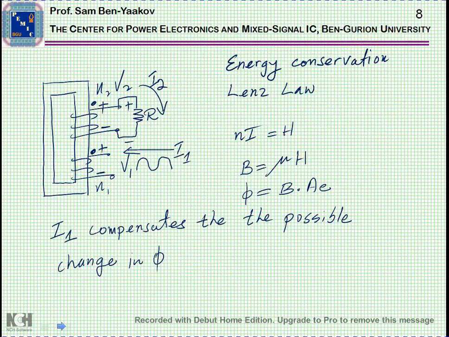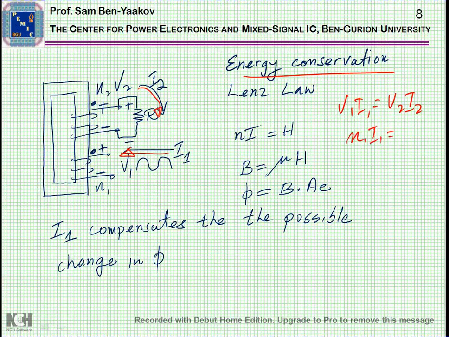One is based on energy conservation, which says that since you have power coming out here, you must have power going into the winding so that the two will be equal, so that you'll have V1 I1 equal to V2 times I2, and since V1 and V2 are related by the turns ratio, you'll find that N1 I1 is N2 I2.